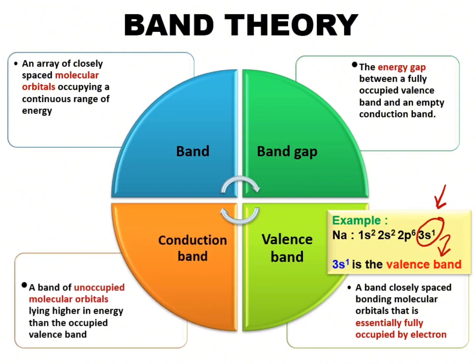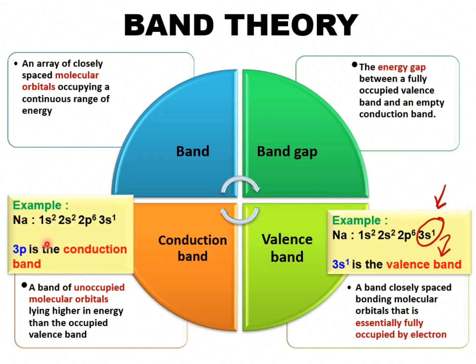So, conduction band is a band of unoccupied molecular orbitals. So, see, unoccupied ataupun senang cerita empty molecular orbitals lying higher in energy than the occupied valence band. Okay, I give you example. We're still in sodium. So just now we know that 3s orbital is valence band.